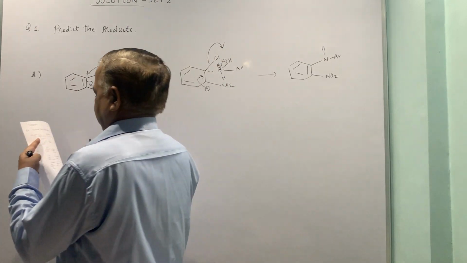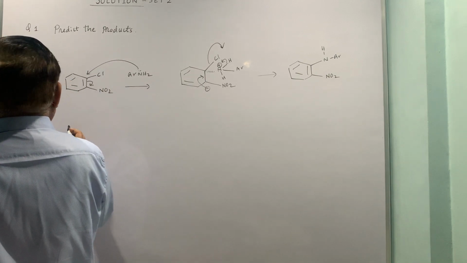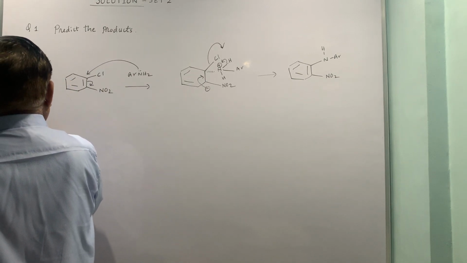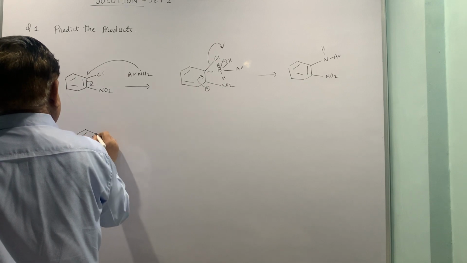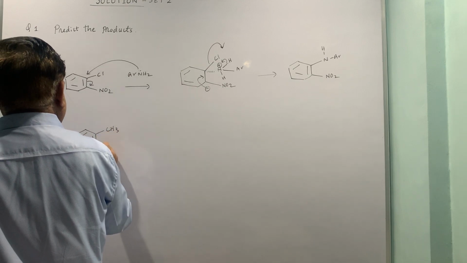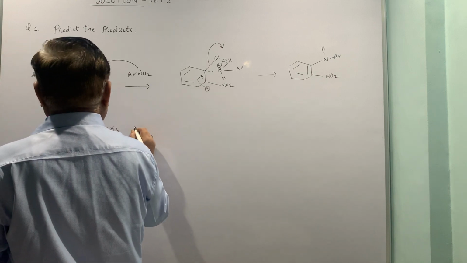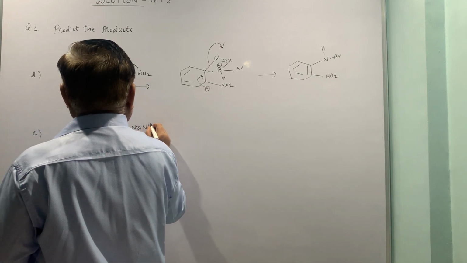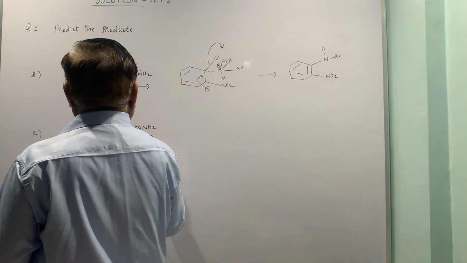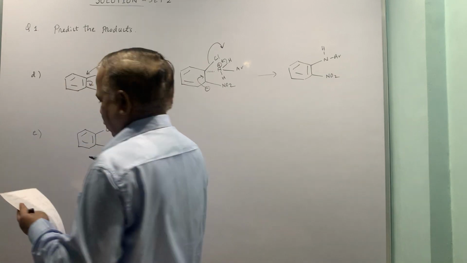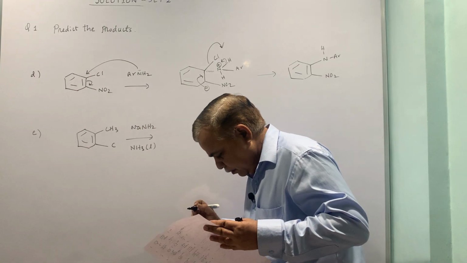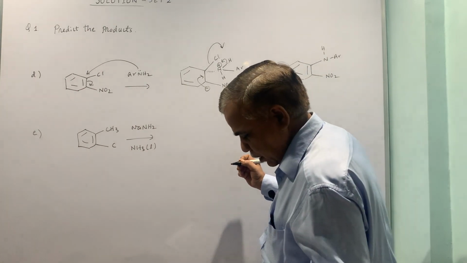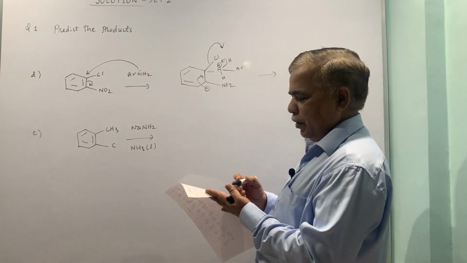The fifth example was this orthochlorotoluene treated with sodamide in presence of ammonia.